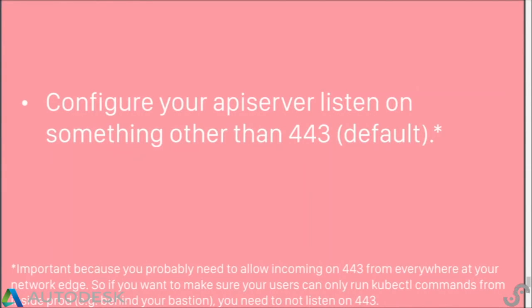And obviously, if it's listening on 443, unless you work somewhere where you don't need to allow 443 incoming to production, which I've never heard of a place with that type of setup, you probably will want to switch the listening port for Kubernetes so that people can't just run these commands from their laptops, totally bypassing your SSH bastion. So 6443 is a decent choice for that.